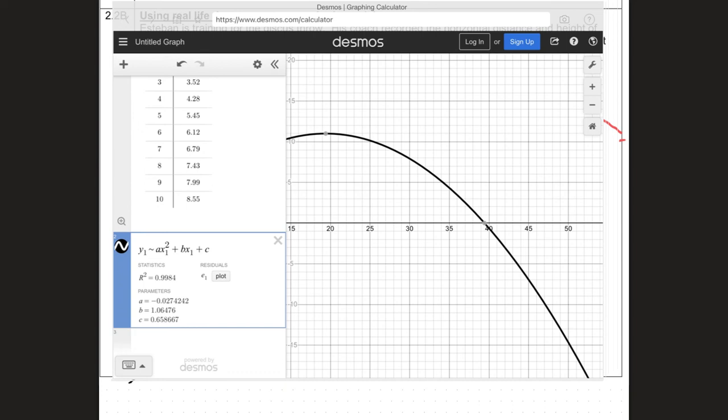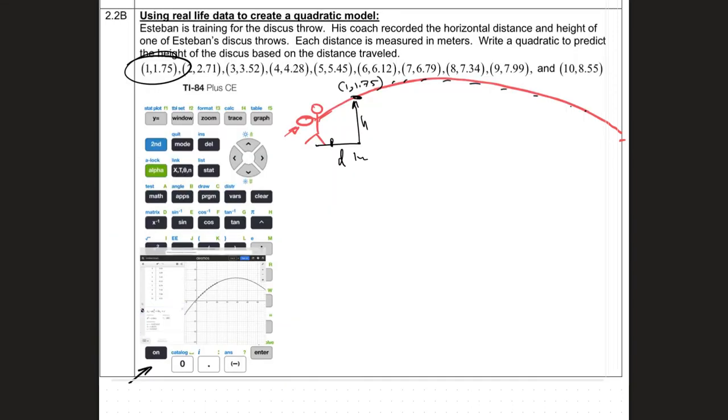Okay? So this is going to be our standard. We're going to use A, B, and C to write our standard form. So I'm going to write it. Y equals negative, I'm going to round some of these, 0.027x squared plus 1.058x plus 0.672.